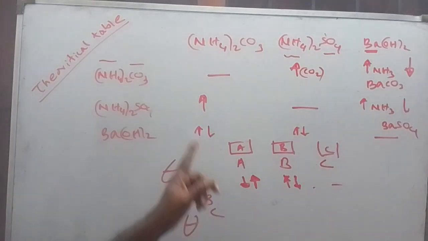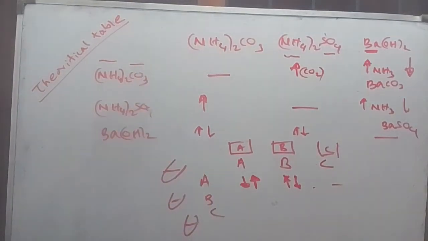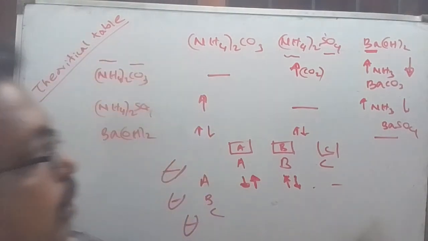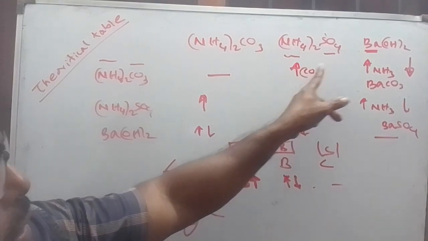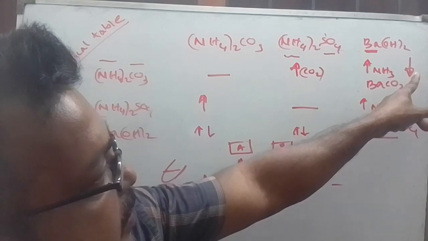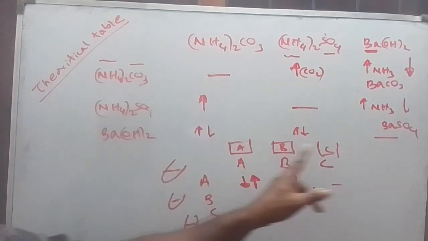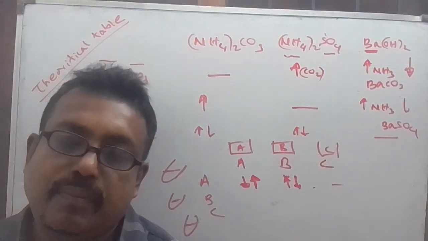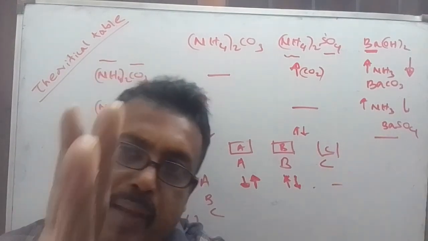The remaining two are ammonium carbonate and ammonium sulfate. Right? Both have the same observation: gas evolution, precipitate and gas evolution. Same. Right. Now you separate the barium hydroxide.